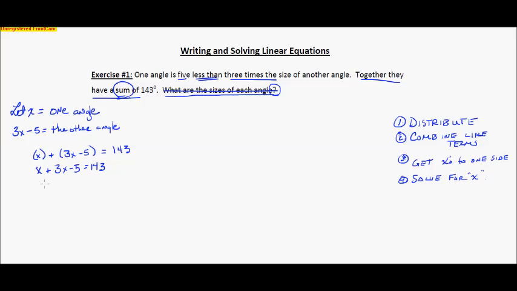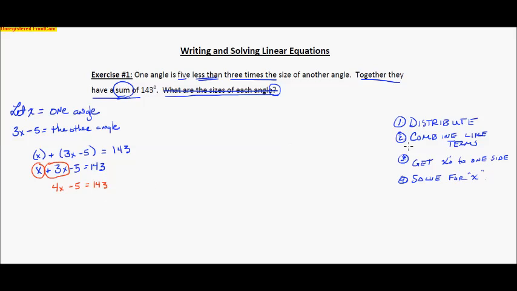Do I have any like terms on the same side of the equation? It looks like I do. I have this 1x and this plus 3x on the same side of the equation. Remember, the equal sign separates two sides of the equation. So I take 1x and 3x and I get 4x, and everything else just comes right on down the line.